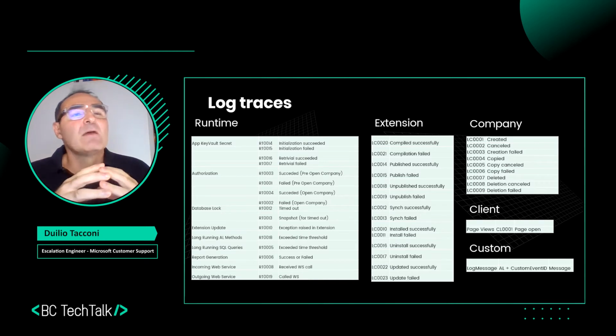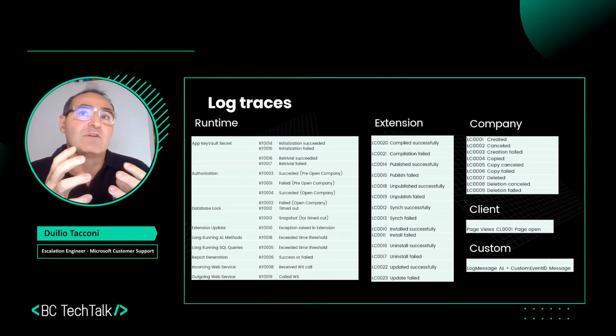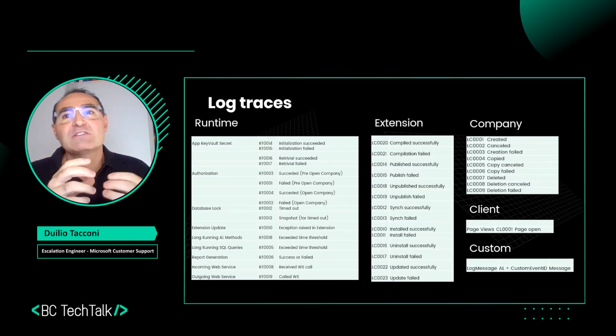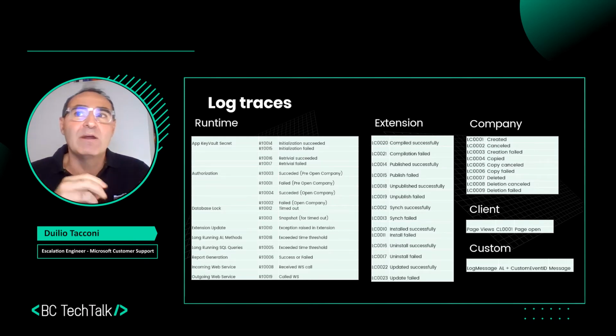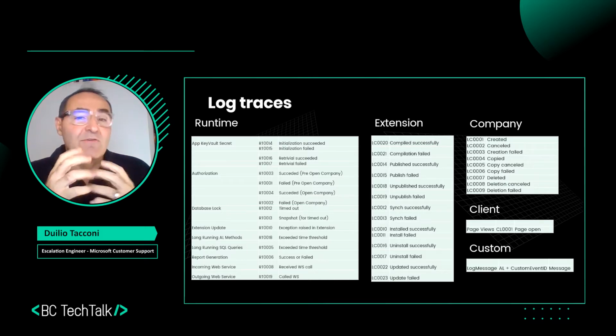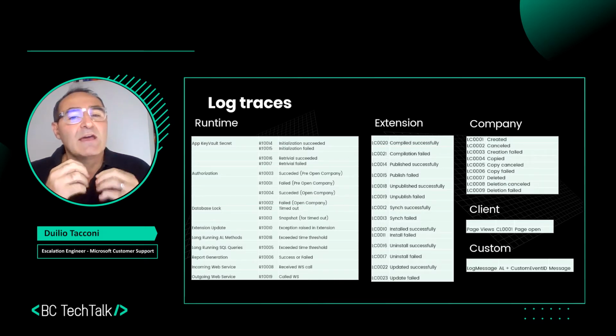Extension events provide an overview of the full deployment and lifecycle of an extension, while company traces keep track of creation, copy, and deletion of a company. These company-related tasks might have a discrete impact on performance and should be kept under control. Client traces are very particular, and they are sent to the App Insights pageViews log table, while all the other ones are sent through the traces log table.